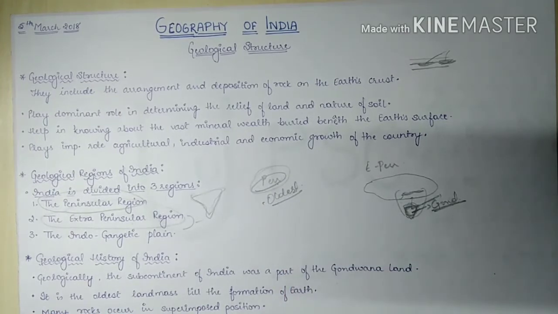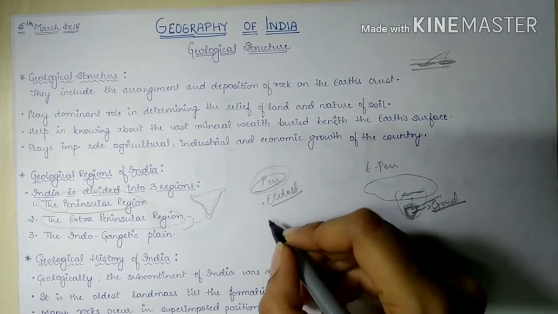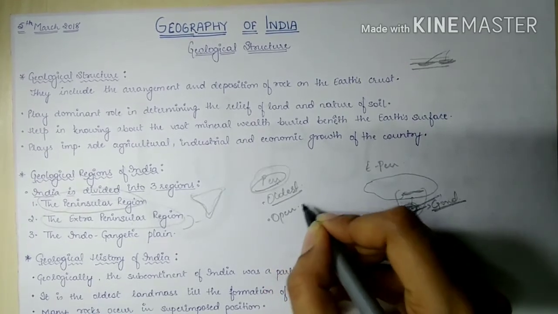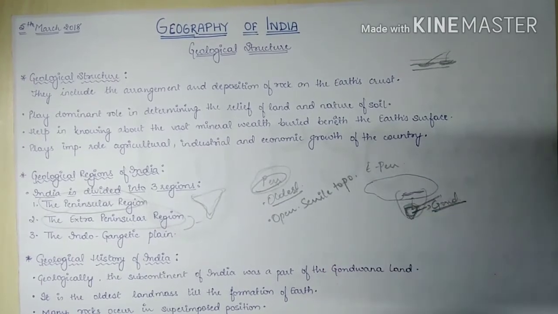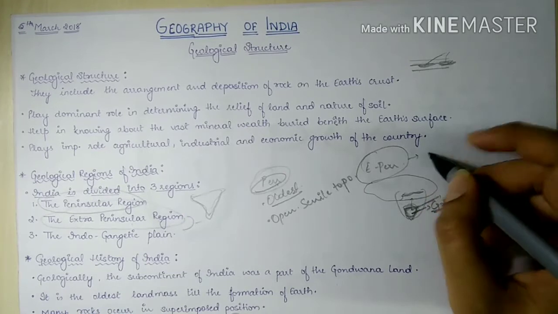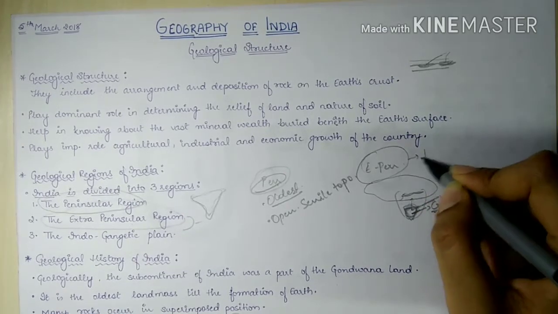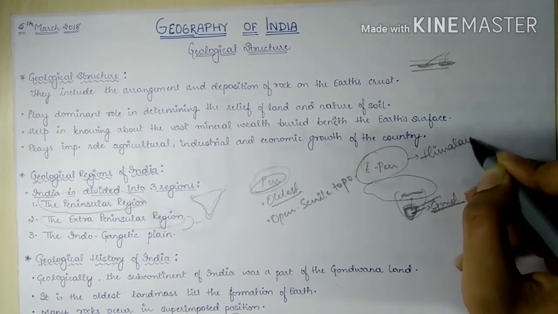That is why it is the oldest landmass of the earth, and it is dominated by open senile topography. On the other hand, the extra peninsular region presents the most youthful relief feature of the earth, which is still forming, and the most youthful relief feature of the earth is the Himalayas.